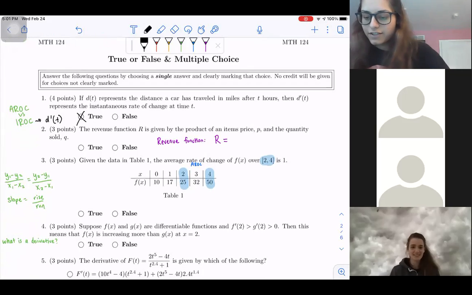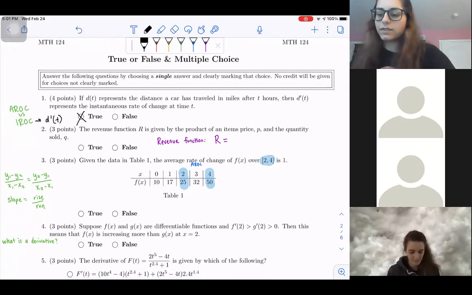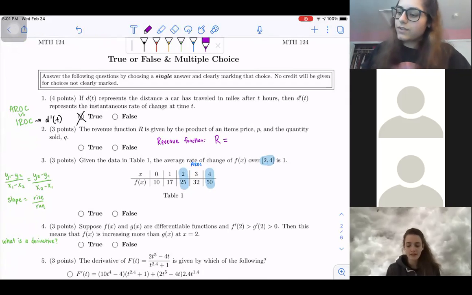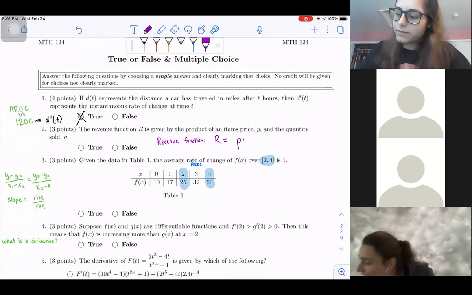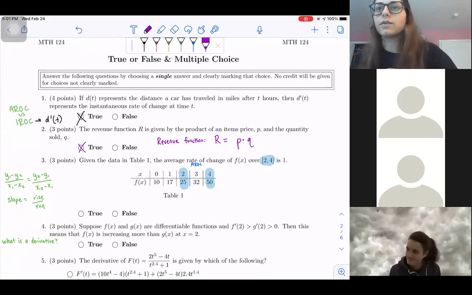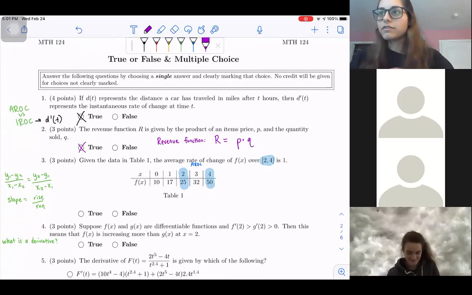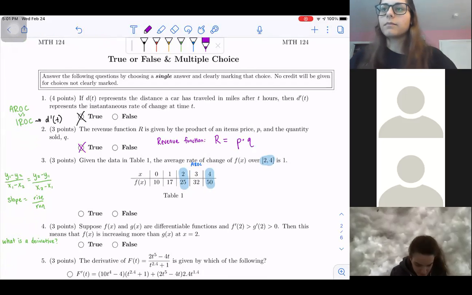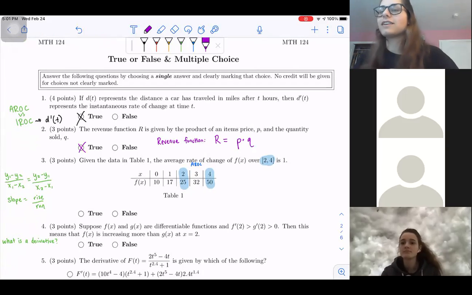All right, revenue function is given by the product of an item's price, P, and the quantity sold, Q. So this one you should just know, revenue function is R equals P times Q. This one is true. Okay, and so whenever we have the revenue function, cost function, price function, whatever, when you take the derivative of those, you get the marginal function.